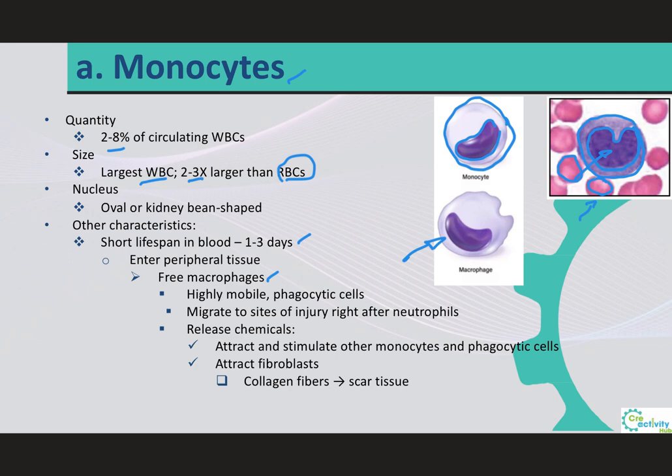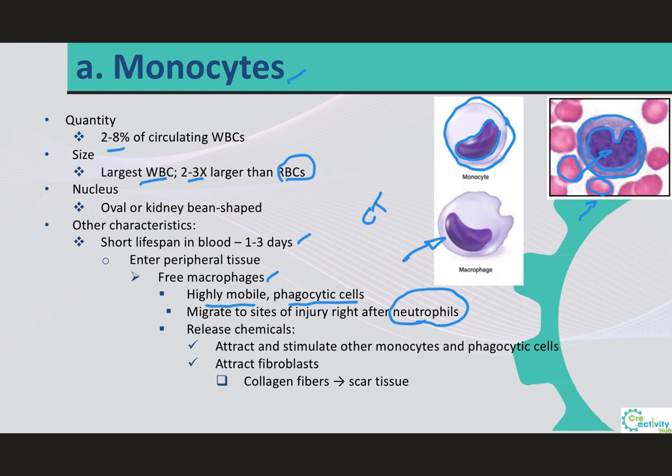The reason why they're called free macrophages is to distinguish them from the immobile fixed macrophages that are found in many connective tissues. These free macrophages, like the name says, are highly mobile, and they're also phagocytic cells. They usually arrive at the site of injury right after the first neutrophil arrives, so they're pretty quick at it.